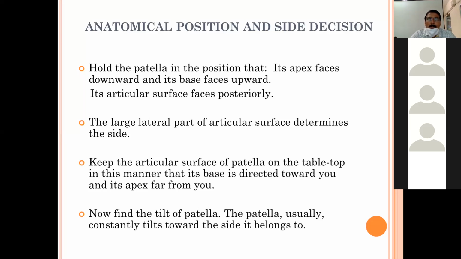Then, to determine which side it belongs to, right or left, you keep it on the table. The base is towards the upper side, the apex is downward, and the greater articular surface is the lateral side.